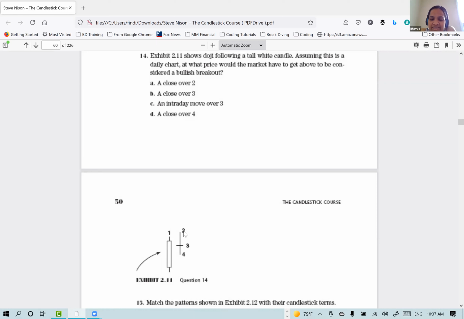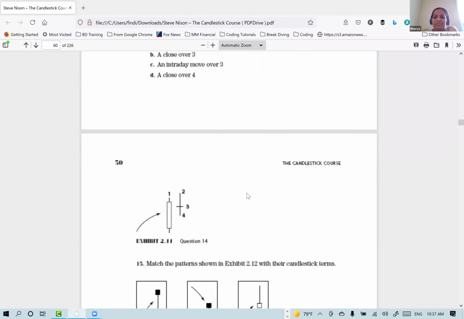Yes, I agree. When it's a long real body and a doji, we should consider whichever is the higher close to be the resistance, which is the 2. I got it. Okay, your turn.